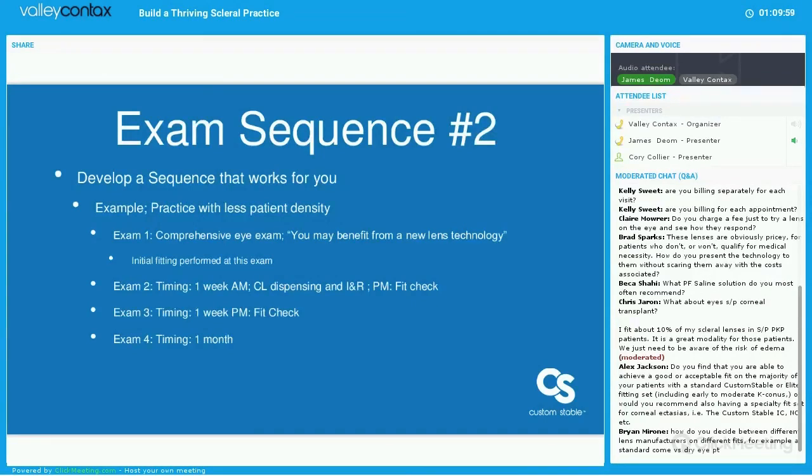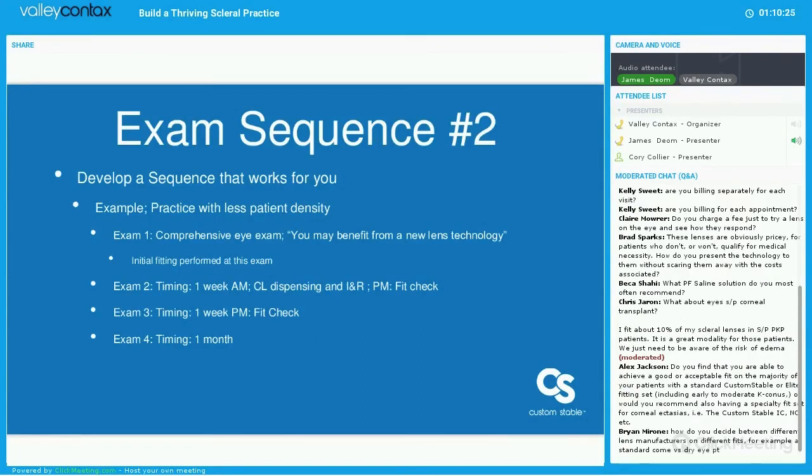So despite some of the marketing efforts from other labs having cone specific designs or regular eye designs, you're able to adjust this lens so easily to address those concerns that I don't think it's really necessary. If you're just starting out, especially the Custom Stable Elite is going to really be a great lens to get all of your needs satisfied.